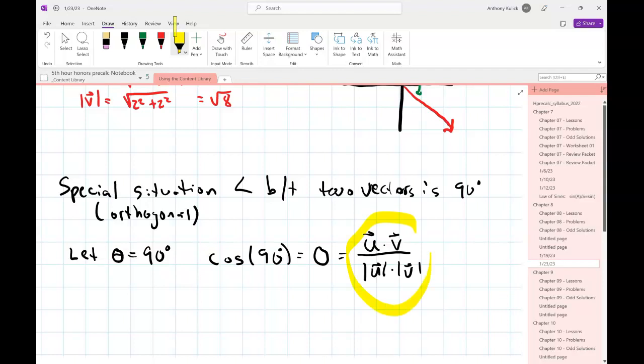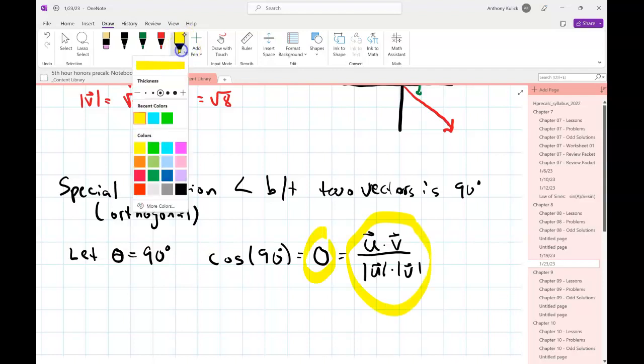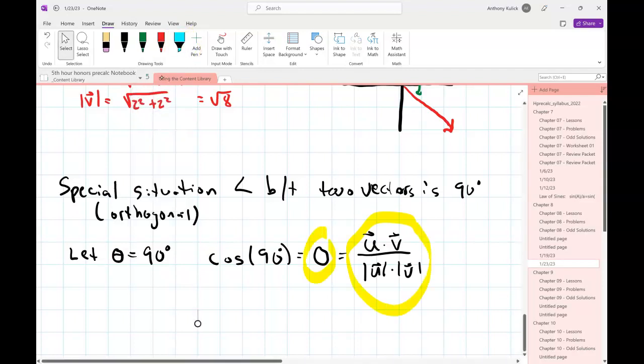So I have this fraction that's equal to 0, right? When is a fraction equal to 0? Only when the numerator is equal to 0.